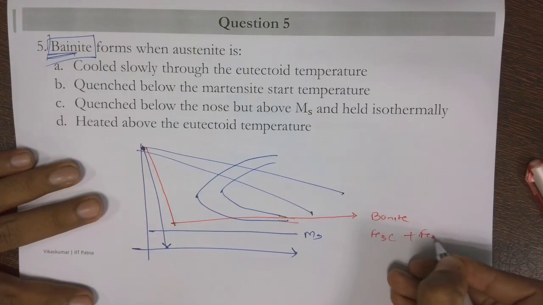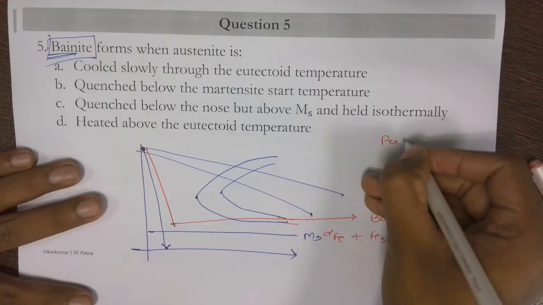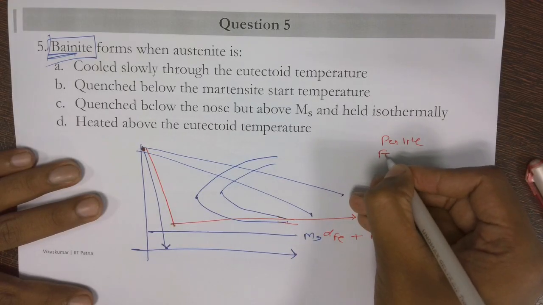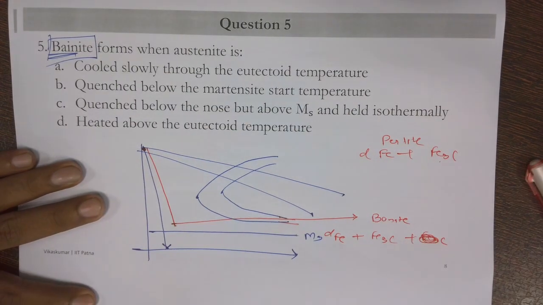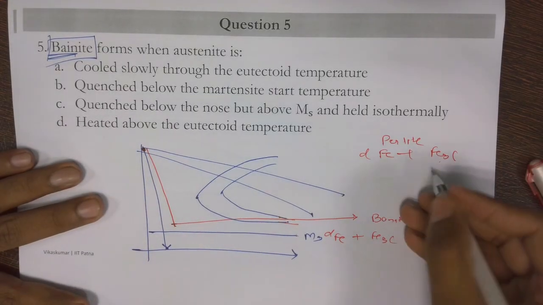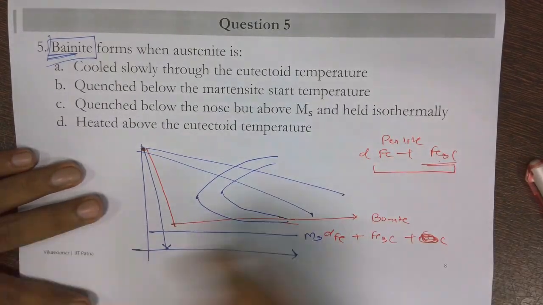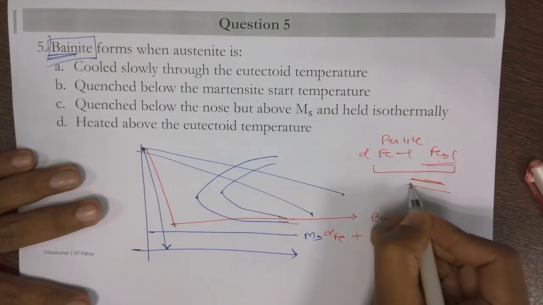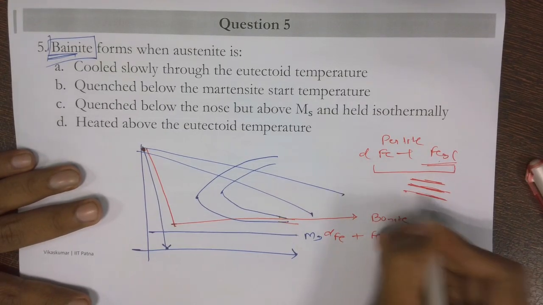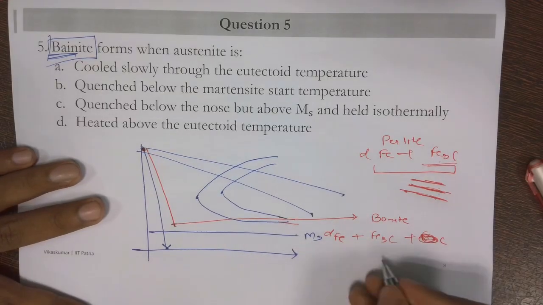Perlite forms a lamellar structure: ferrite, then in between cementite, the white portion, then again ferrite, then again cementite. While in bainite, the cementite comes like a needle. So I will have an entire structure where alpha ferrite is there, and in it a needle structure will come. It will be very sharp. So they differ in appearance. Within a grain you will get the sharp needle-type Fe3C cementite.